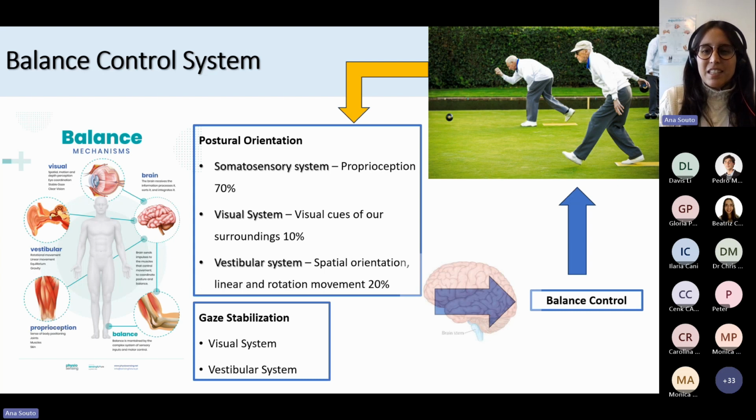So this means that our brain is making real-time posture adjustments while we move, or even to catch us when we fall. So this is an ongoing loop, as you can see here, just for maintaining balance, for walking, for standing up and walking through the door. So, very interesting.